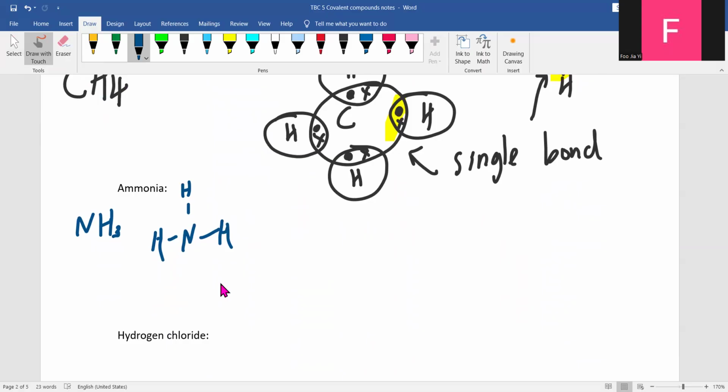It's not ammonia. You find the electron arrangement of nitrogen and hydrogen. Write down the electron arrangement of nitrogen first.